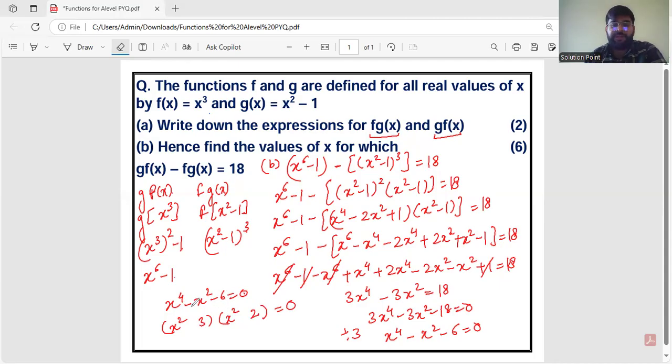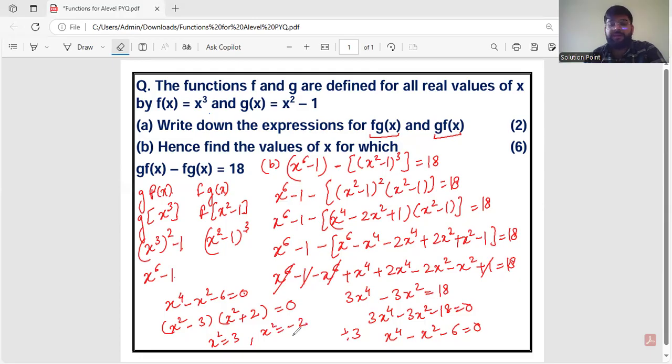Since we need negative here, this will be negative and this will be positive. Now we can check. Minus 3 times x squared will be minus 3x squared, and x squared times 2 will be 2x squared, which gives us minus x squared. So we got x squared as 3 and x squared as negative 2.